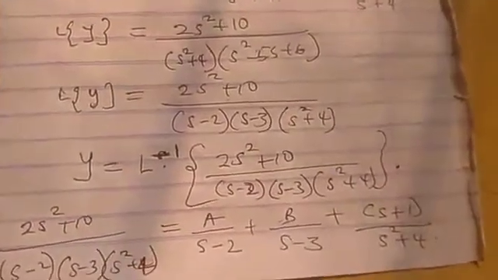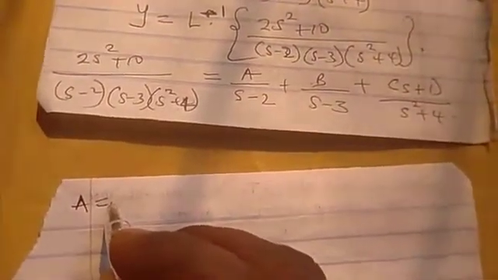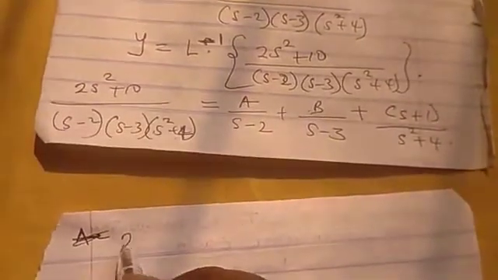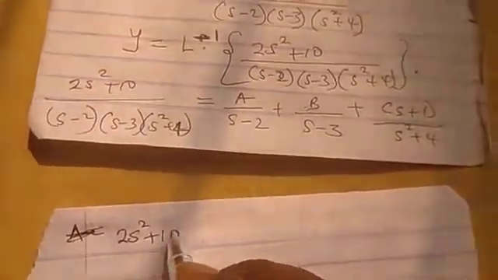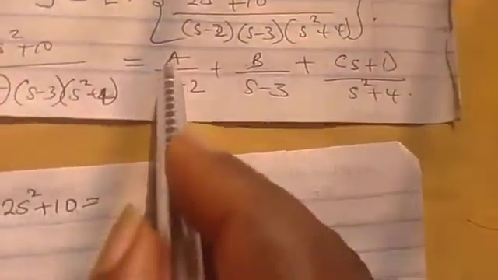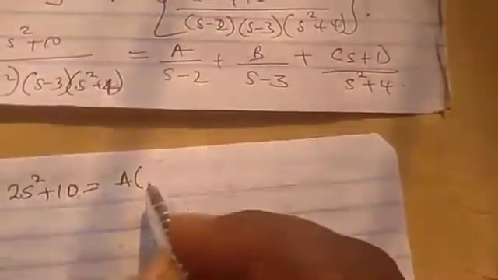So how do we continue this? Let me begin the solution. I'll just give a hint. The way I've explained, you cross multiply. So we have 2s squared plus 10 equal to, you will cross multiply. When you cross multiply, this will not be there again.